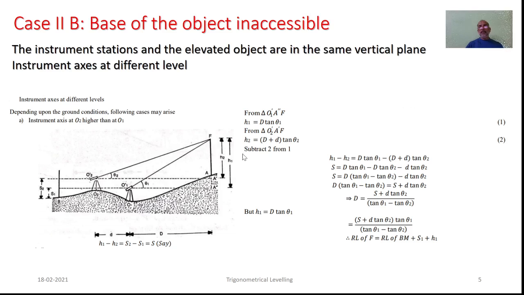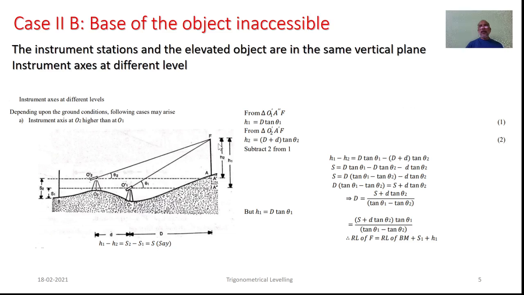As such, h1 minus h2 will be equal to s2 minus s1, which are the staff readings taken with the line of sight horizontal on a point of known elevation, say B here. Hence, h1 minus h2 is equal to s2 minus s1, which is equal to say s.